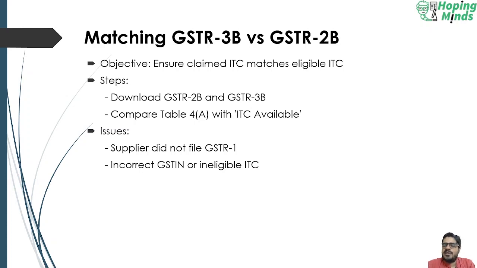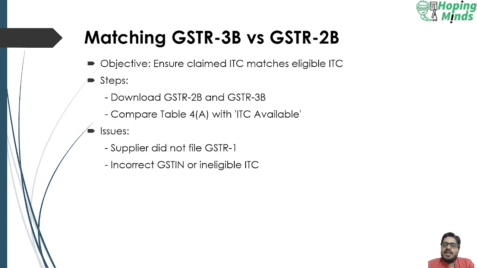So the best practices to keep the GSTR-3B and GSTR-2B data aligned will be to keep a regular follow-up with the non-compliant suppliers, then claim input tax credits only when invoices reflect in our GSTR-2B. So no manual claim should be made in GSTR-3B. Only such claims should be made which are appearing in GSTR-2B.